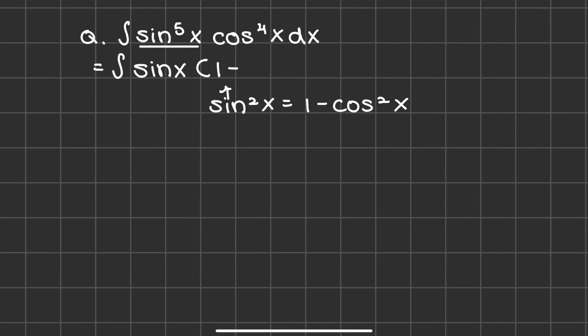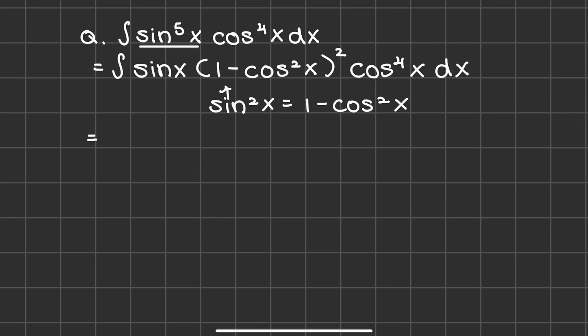So here it should be 1 minus cosine squared x. That would represent sine squared, and then that's squared to represent sine to the 4th x. After that, multiplied by cosine to the 4th x. That is our first step.